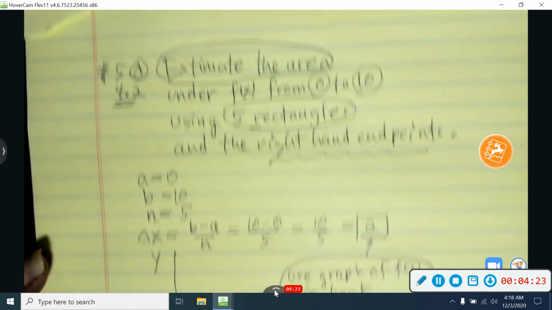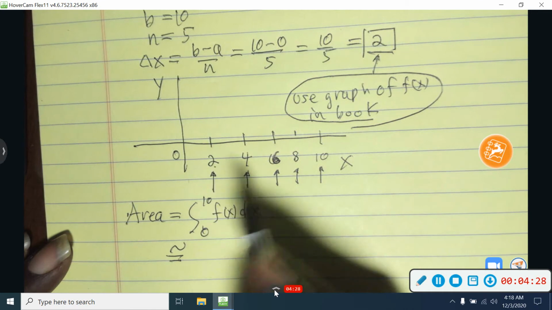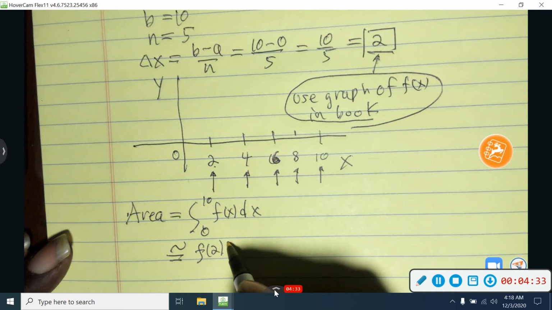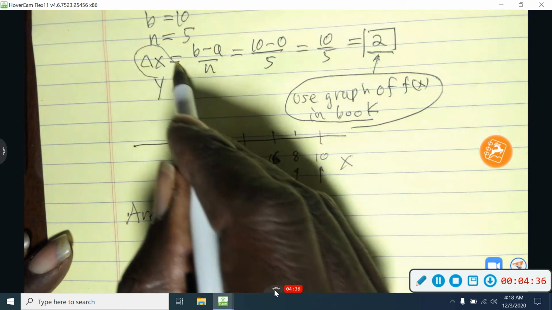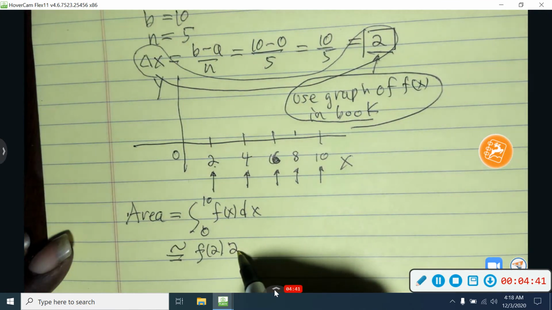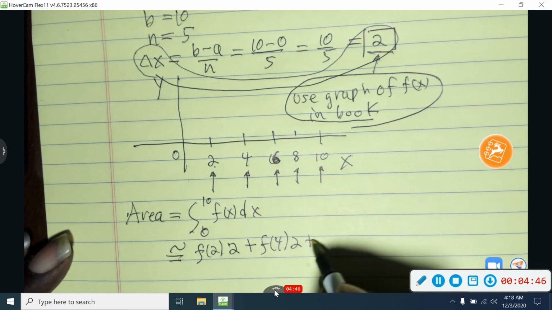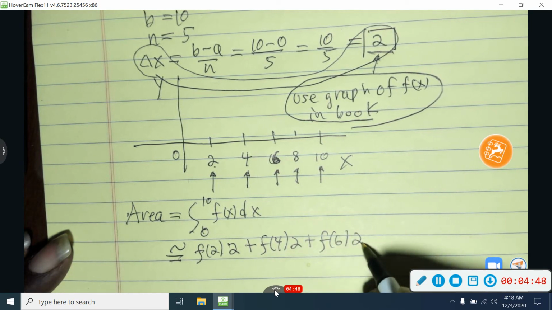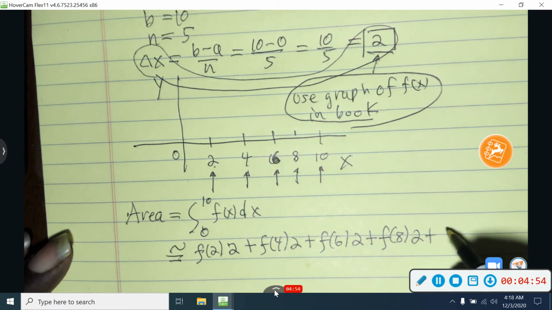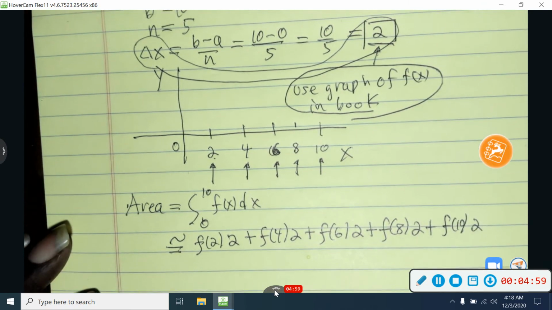It's an estimate. So it's roughly equal to, so it starts here. So it'd be f of 2 times the change in x, which is 2. Remember, the change in x is 2. I'll remind you. It's right there. That's the width of the rectangle. Plus f of 4 times the change in x, 2. Plus f of 6 times the change in x, 2. Plus f of 8 times the change in x, 2. Plus f of 10 times the change in x, which is 2.